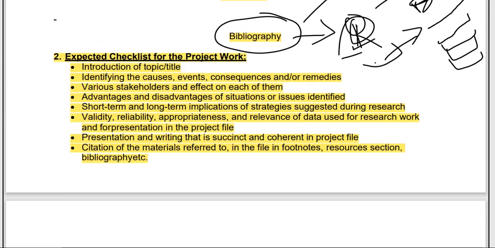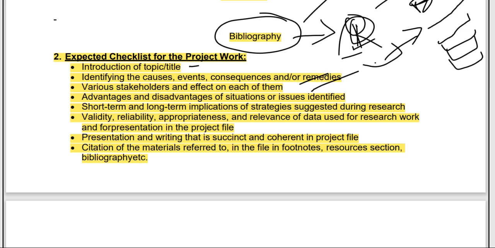Next, what is the expected checklist for your project work? The pointers, the checklist. It should include introduction of your topic or your title, then identifying the causes or events and consequences or remedies: what were the causes for that event, what were the events associated, what were the consequences of that event, and remedies, like how can those be resolved.